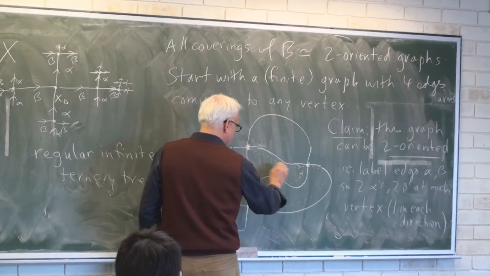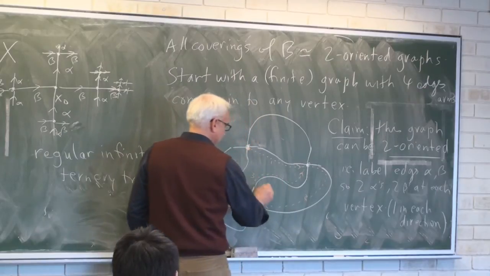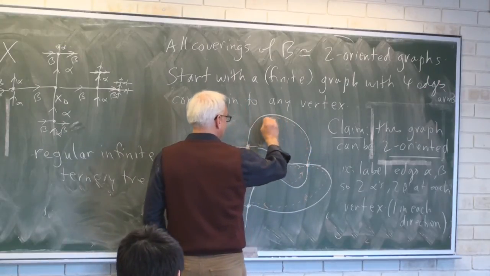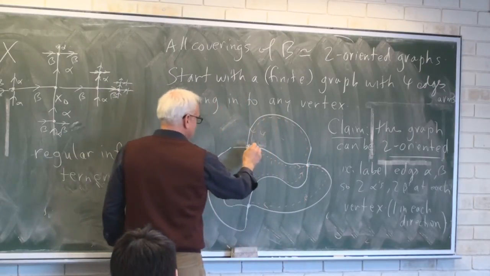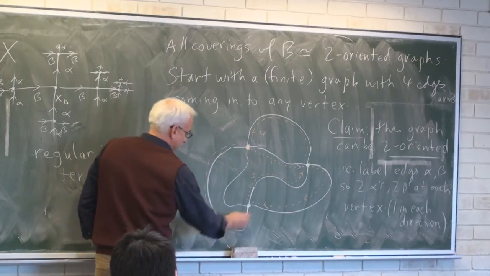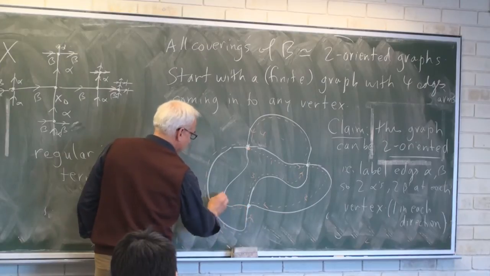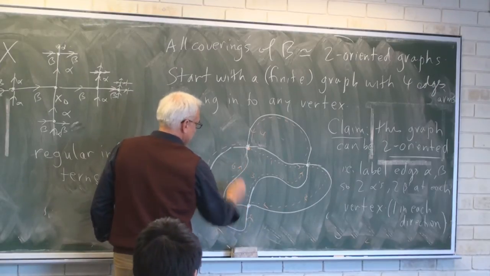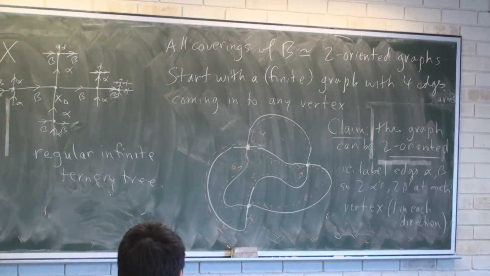Okay, so maybe this is 1, and then this is 2, then 3, then 4, and then we have to leave. Go down here, so that's 5, and then here, that was 6.